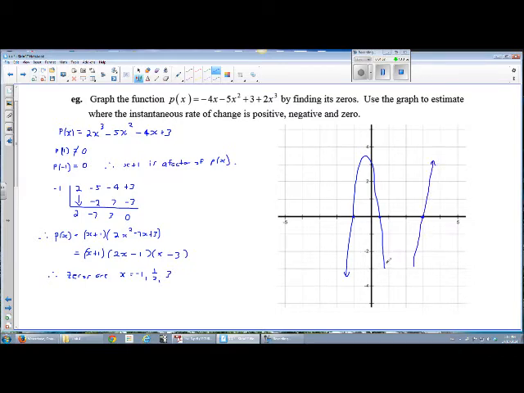I left this broken because I don't know how far down that turning point is in the vertical direction, but let's just say it goes way down there. So we can get an estimate, of course, though. I can say this is x equals a half here, and this is x equals 3.